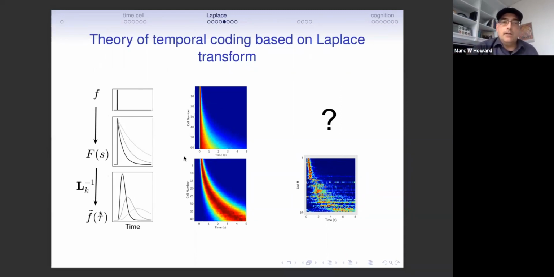In the middle column here, I'm showing you the heat maps you'd expect from a population of such cells. And we've thus far seen a ton of evidence in this talk and also elsewhere for populations of cells that look like these attempts to invert the Laplace transform. But until quite recently, there wasn't evidence for this other population holding the Laplace transform.